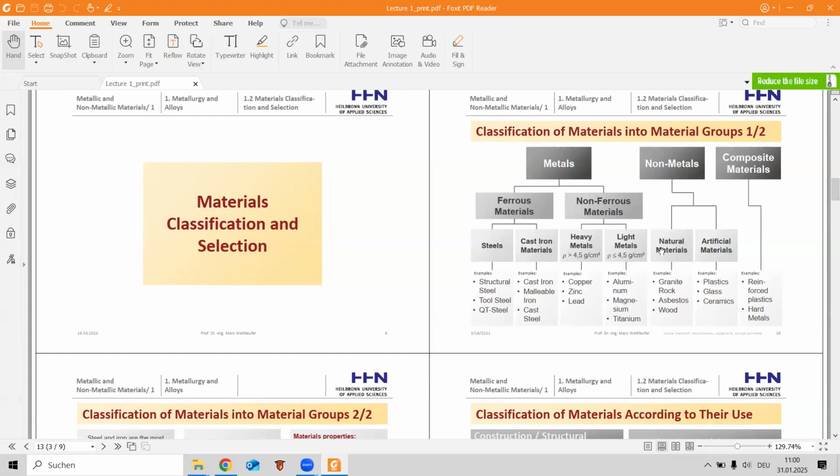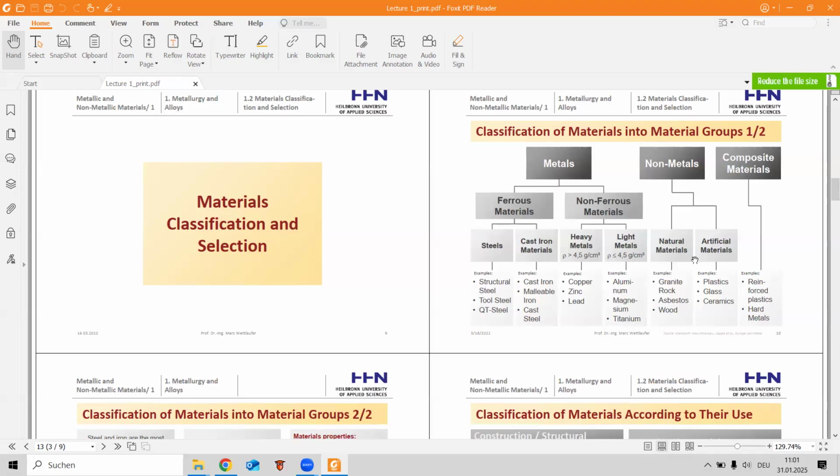In non-ferrous material, we have heavy metals with a density larger than 4.5 grams per cubic centimeter, and light materials with a density less than or equal to 4.5 grams per cubic centimeter. Examples of heavy materials are copper, zinc, and lead. For light materials, it's aluminum, magnesium, and titanium.